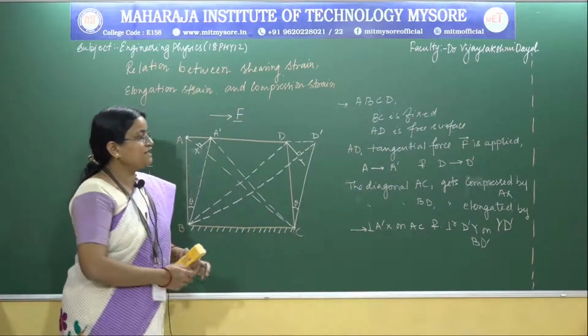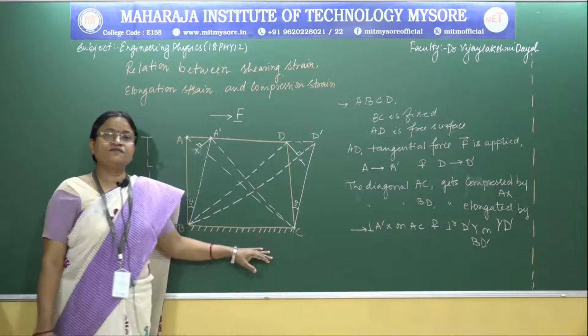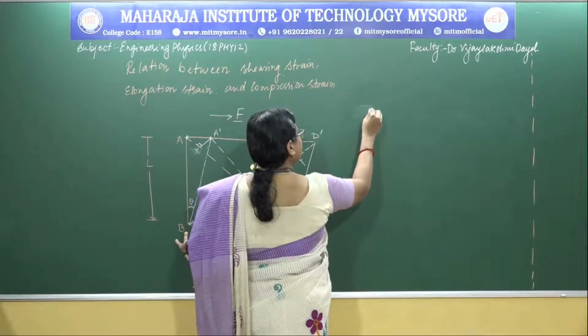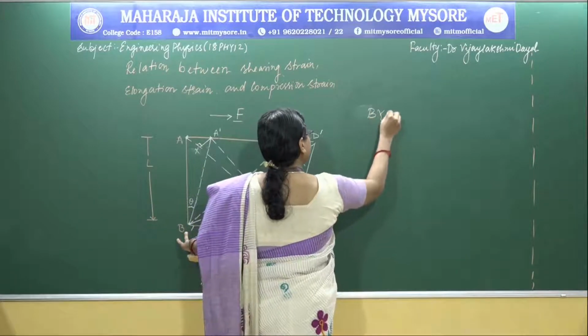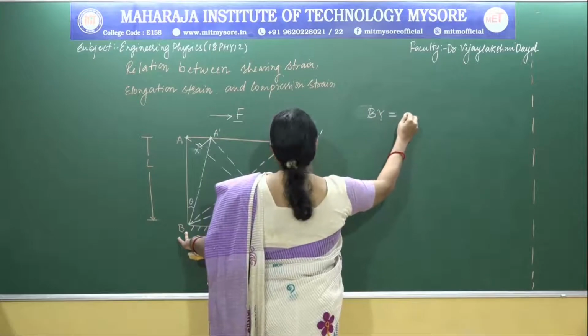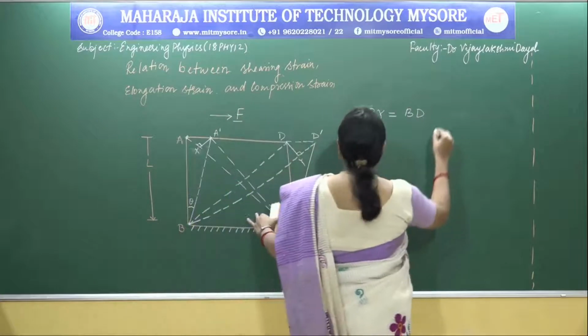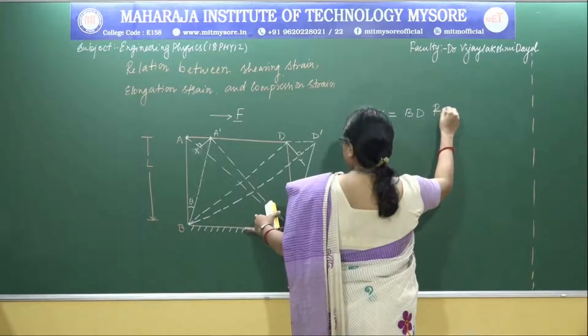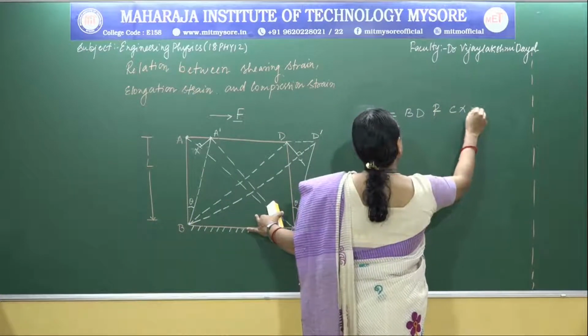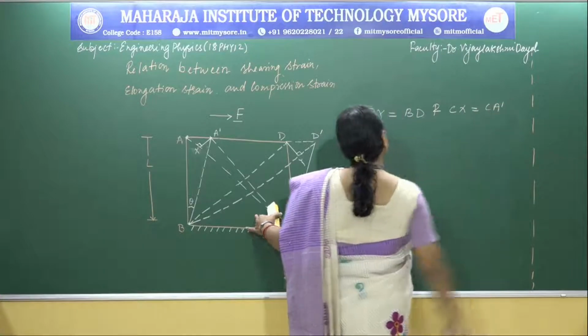So this is a short explanation of the figure. What we could see is that BY is equal to BD and CX is equal to CA dash.